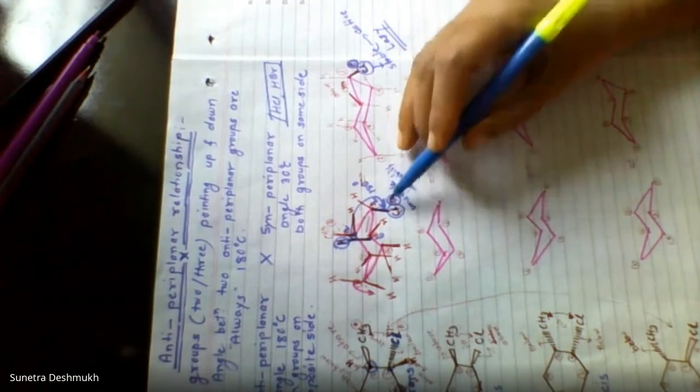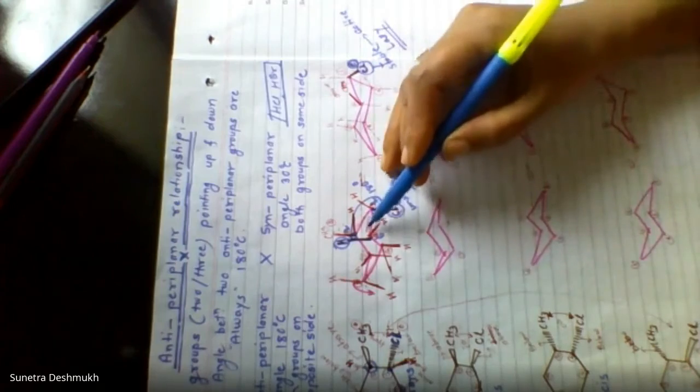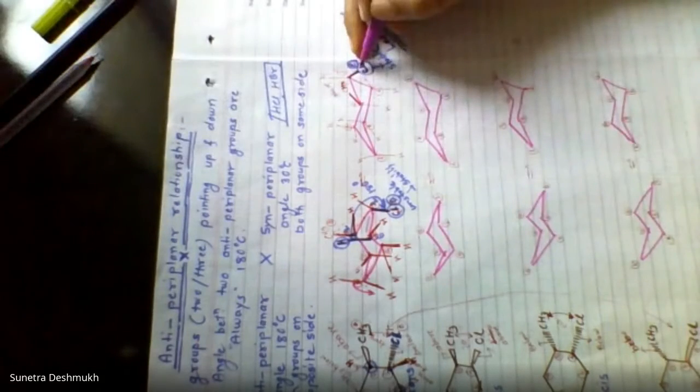So this is unstable, so it's active, and it tries to achieve stability by removing this chlorine atom. Once the chlorine atom is removed, the carbon-carbon double bond forms here, and the molecule becomes stable. So keep all these things in your mind.